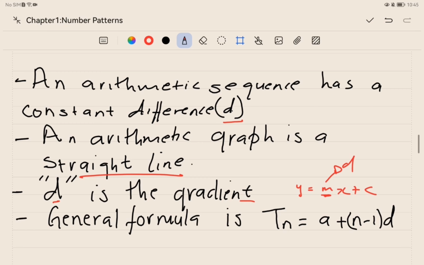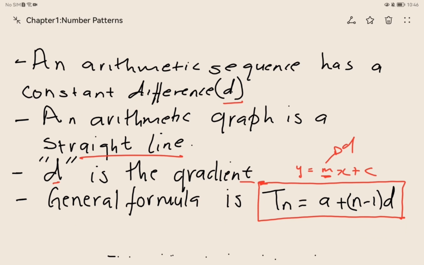The general formula, this is very important. You will apply it because you can be given a sequence to find the nth term, or you can be given the formula to find the sequence. It can go either way, so be able to use the formula, understand it, know it by heart, and you will be good. And next we are going to look at geometric sequences.